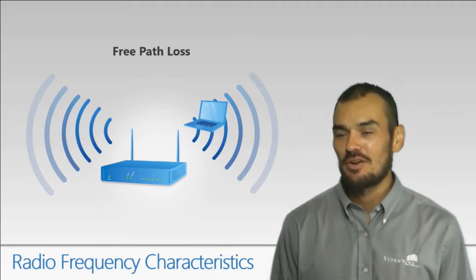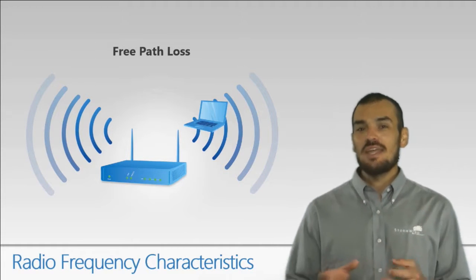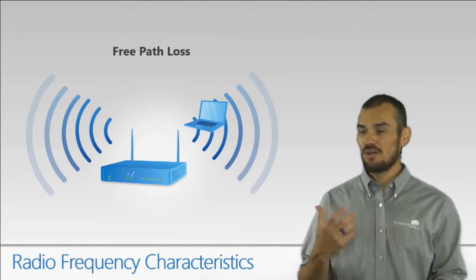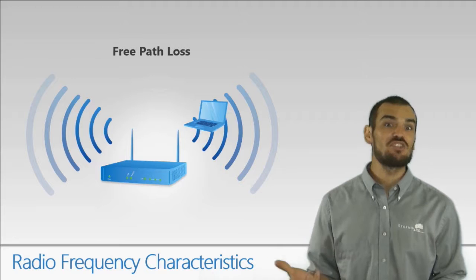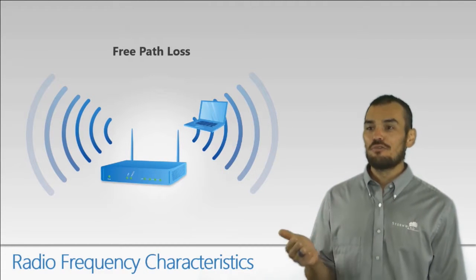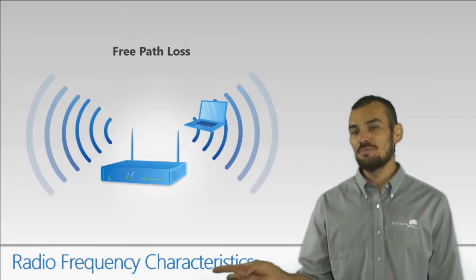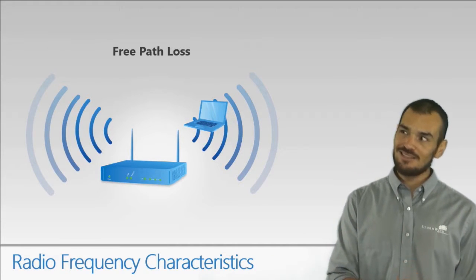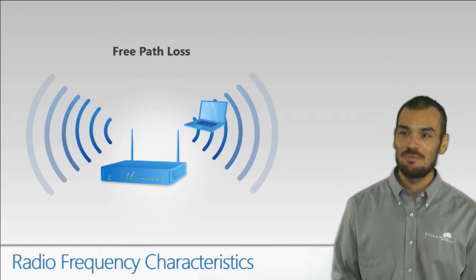Well, radio frequencies are kind of the same in that regard. They can only go out in any one particular direction for a certain distance until they eventually die out altogether. This is officially called free path loss, or sometimes you'll see the term free space path loss. They're ultimately talking about the same thing.